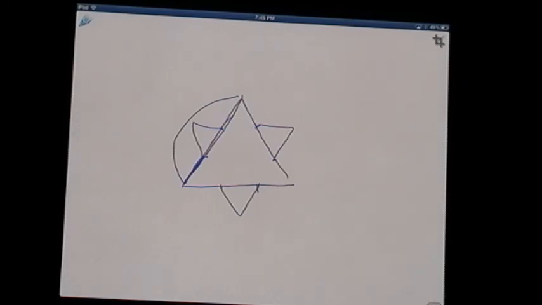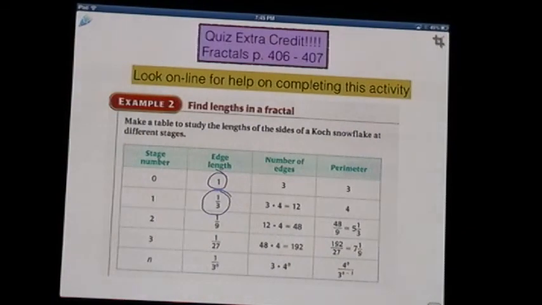We started with this whole distance here. Now it's only 1/3 of that. And this edge is also 1/3 of that, and this edge is also 1/3 of that, because this is an equilateral triangle you drew there. So every edge is 1/3, and that's how they did it. The edge length is 1/3.